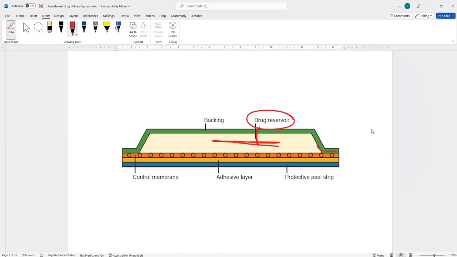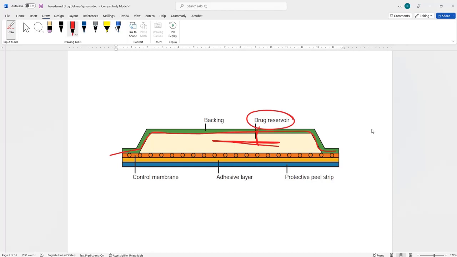And of course you have the packing. Again, this packing, as I said, is to prevent moisture from evaporating from the skin. That's why it helps in skin hydration. It also allows the drug to go only one way, and that is into the skin. It protects the system from the environment, from what happens outside.